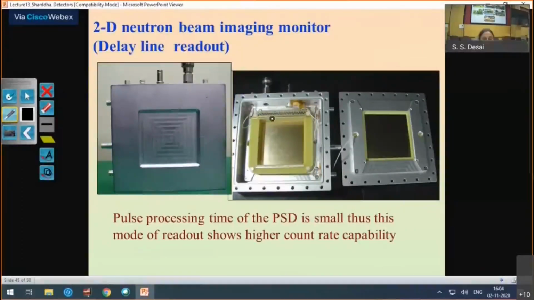You can see there are 120 thin wires mounted on this, and these are the lumped delays. Rather than using a charge division, here every output is varying by arrival time. So this is another pulse processing model which can be used for much higher count rate capability, and this is a delay line.